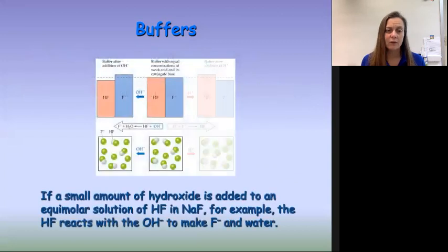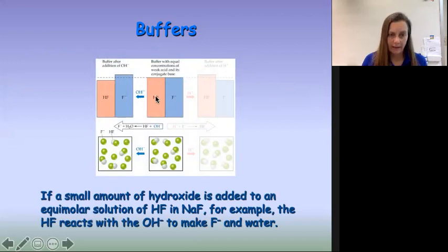If we were to take a look at our buffer here beforehand, we have the acid, our weak acid, hydrofluoric acid in this case, and we have its conjugate base, the fluoride ion. If we add a bunch of base, a bunch of hydroxide ion to that, rather than reacting with the hydrogen ion or just dissociating in the water, it's going to react with this hydrofluoric acid, because it is an acid. It's just not a dissociated acid.